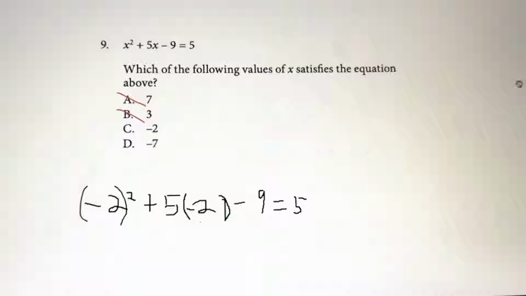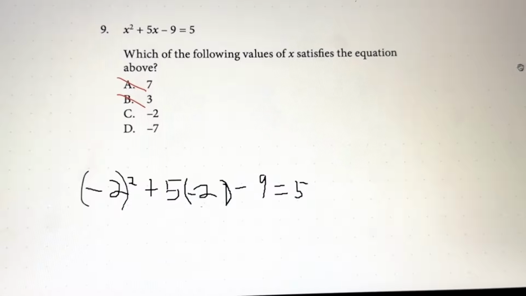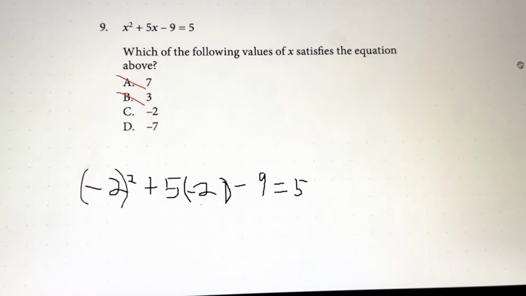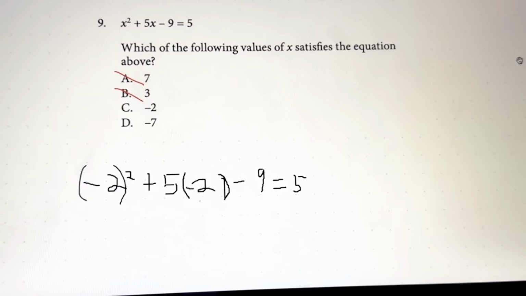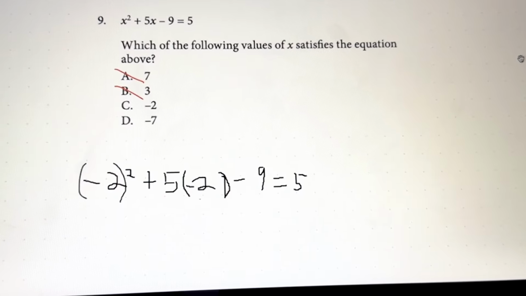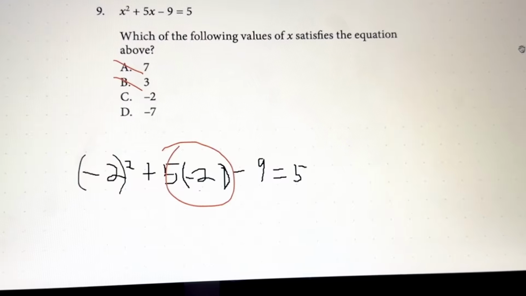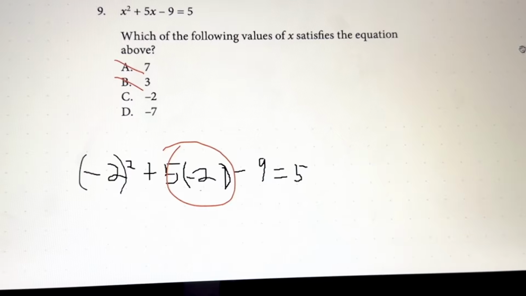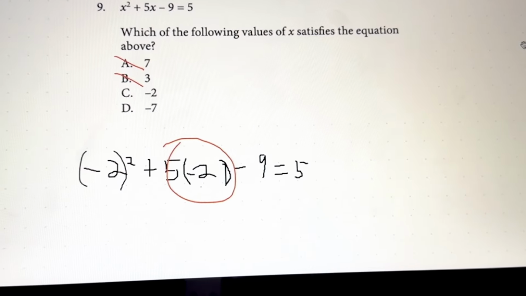So let's simplify that. What does that equal? Okay, so positive 4 plus 5, that's 9. 9 times negative 2 equals... Well, hold on. We still got to do PEMDAS here, right? Because that 5 right here is being multiplied by the negative 2. Remember, in PEMDAS, addition and subtraction are last.